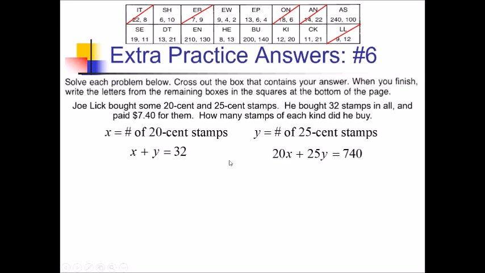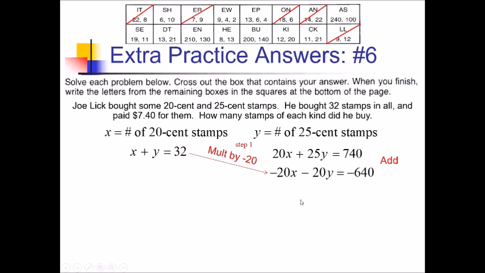So given a choice of things, I'm going to go with making this a negative 20x because multiplying by negative 20 is a little bit easier than multiplying by negative 25, I think. So that gives us negative 20x, which is what I was after, negative 20y, which just happens to be there, and then 20 times 32, that's going to be 640, and that's negative because we have a negative 20, so negative 640.